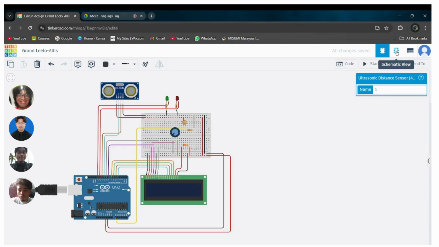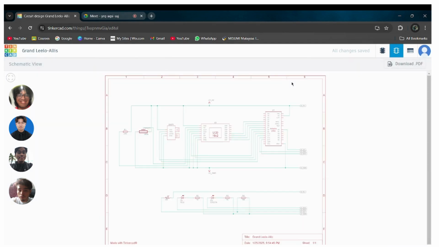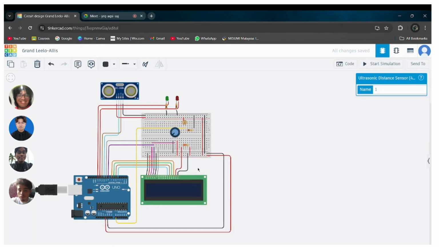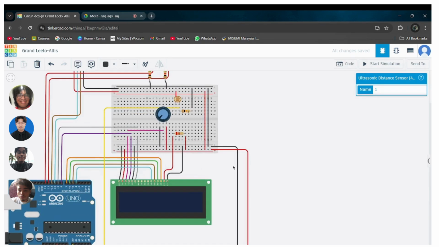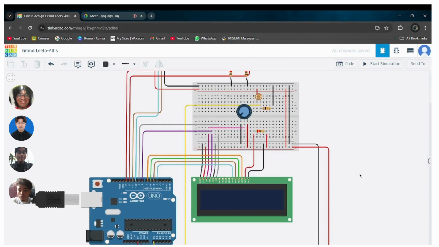Today I'm going to explain a bit on the wiring, which plays a necessary part for the circuit to work very well. Let's start off with the LCD first. As we all know, the LCD is connected to the Arduino to receive information, and the RS pin will connect to digital pin number 8.